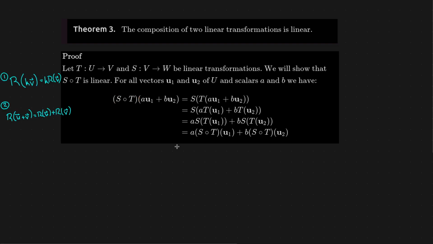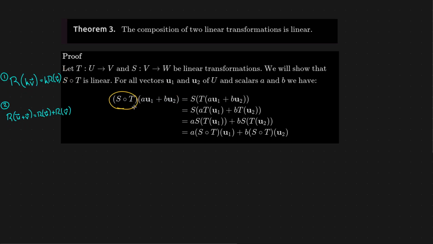Instead of looking at both of these conditions one at a time, we look at them together by taking a linear combination of two vectors in the domain of the composition, which would be vector space U. So we take two vectors, U1 and U2 in U, and two scalars, A and B. Let's go through the argument, and then we'll show why both of these conditions are satisfied.